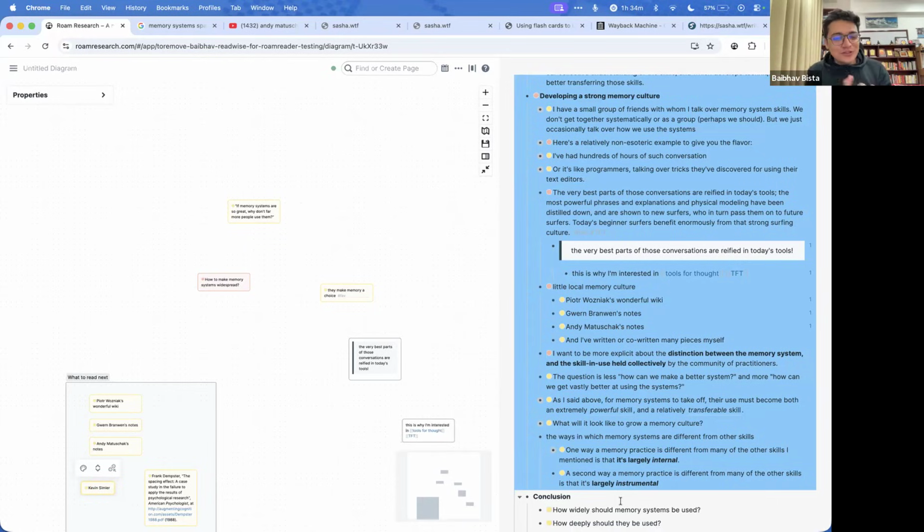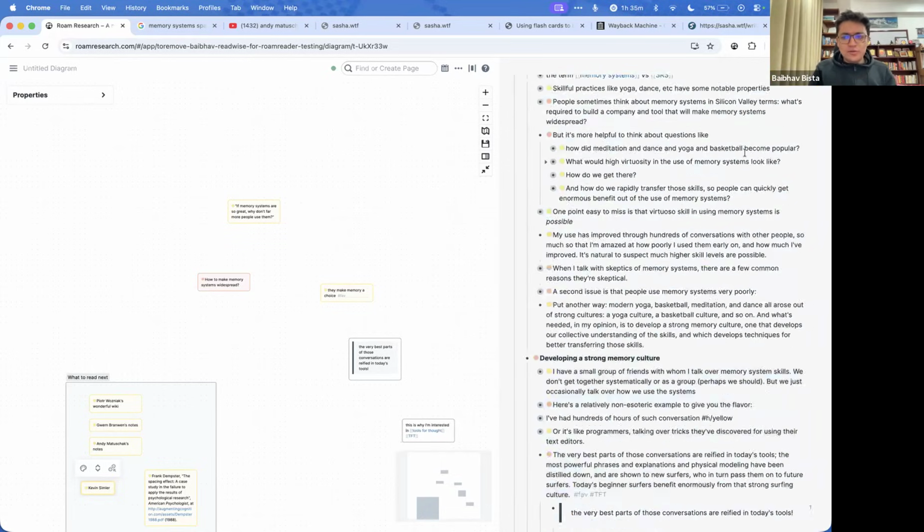I'll probably never use the term SRS again. I will call them memory systems. I have a better understanding of some communities of practice regarding stuff like meditation, and I learned about the different complaints that people generally have regarding memory systems, which I didn't know about at some level, but he talked about them pretty well.